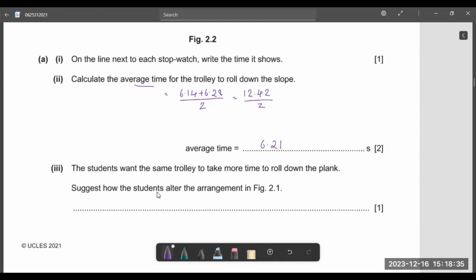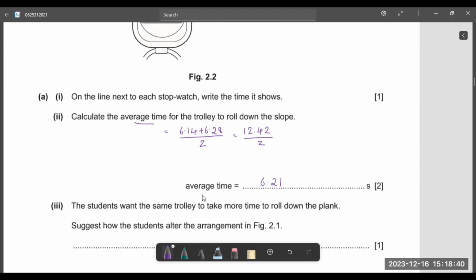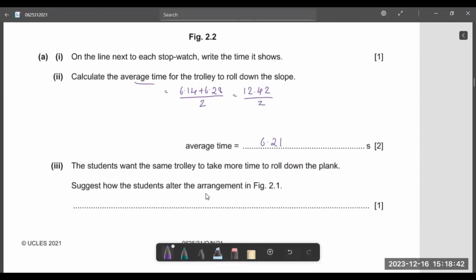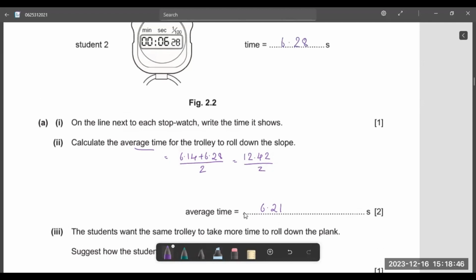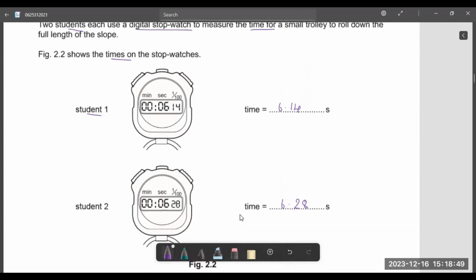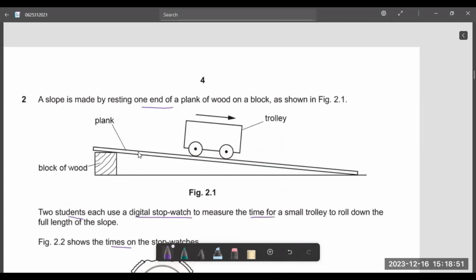The student wants the same trolley to take more time to roll down the plank. Suggest how the student can alter the arrangement. So they need to take more time, so they can decrease the slope. If the slope is more, if you are increasing the slope, the trolley will move much faster. And if you are decreasing the slope, if you are reducing this height, we can decrease the speed.